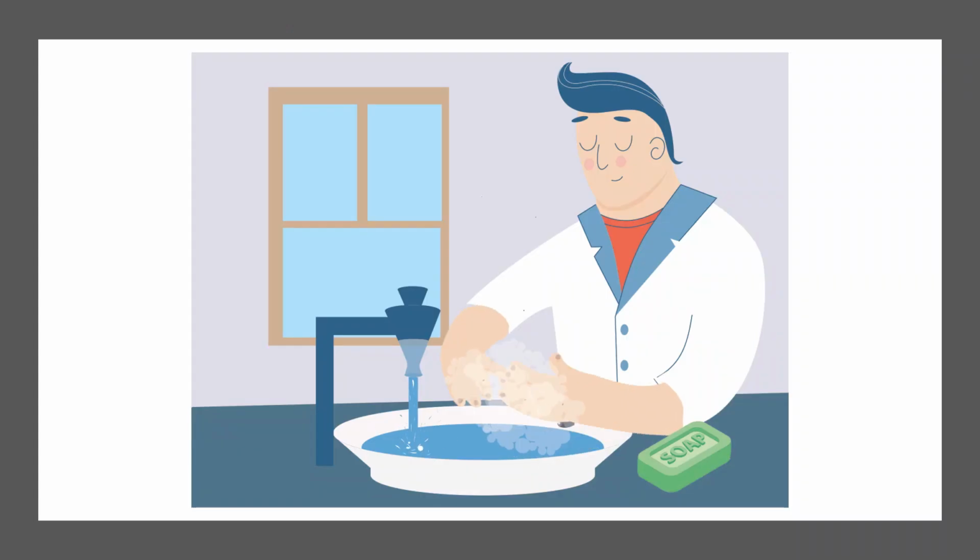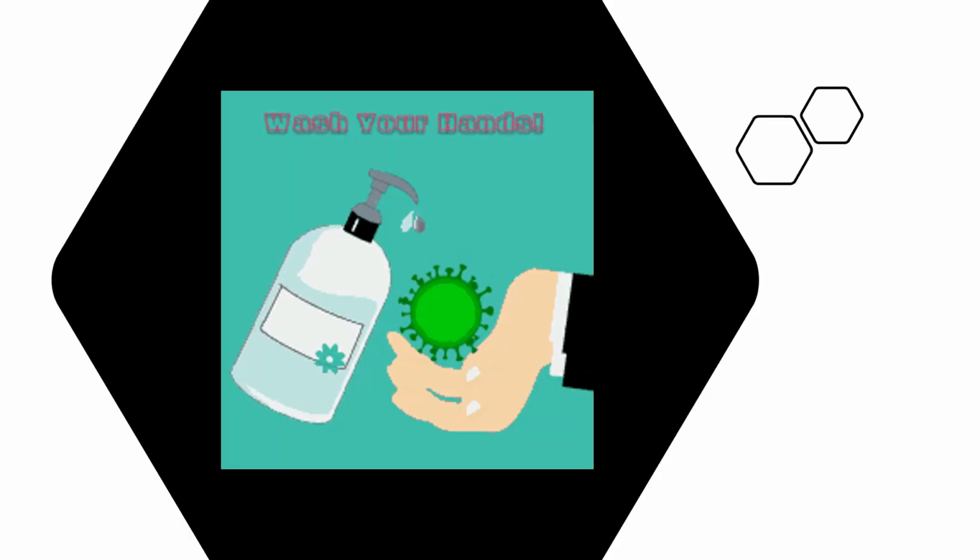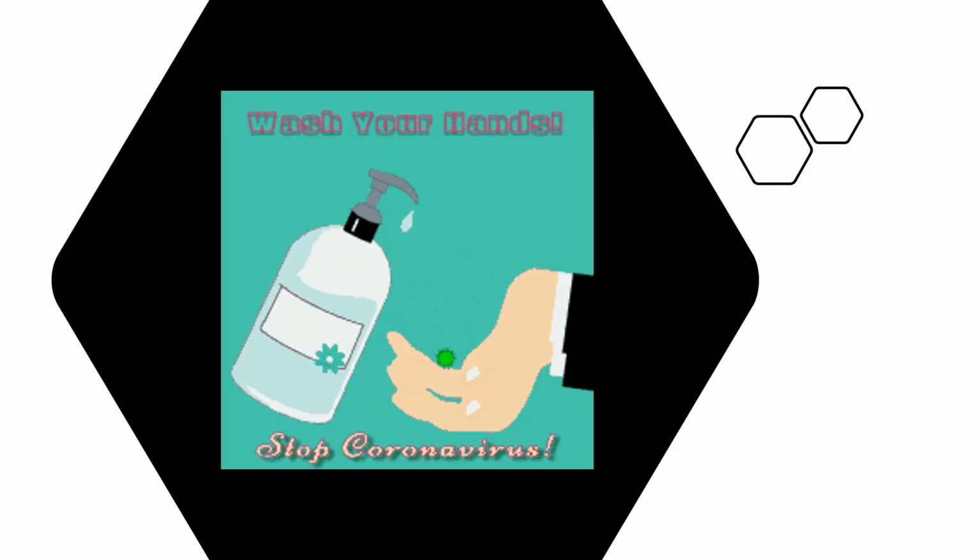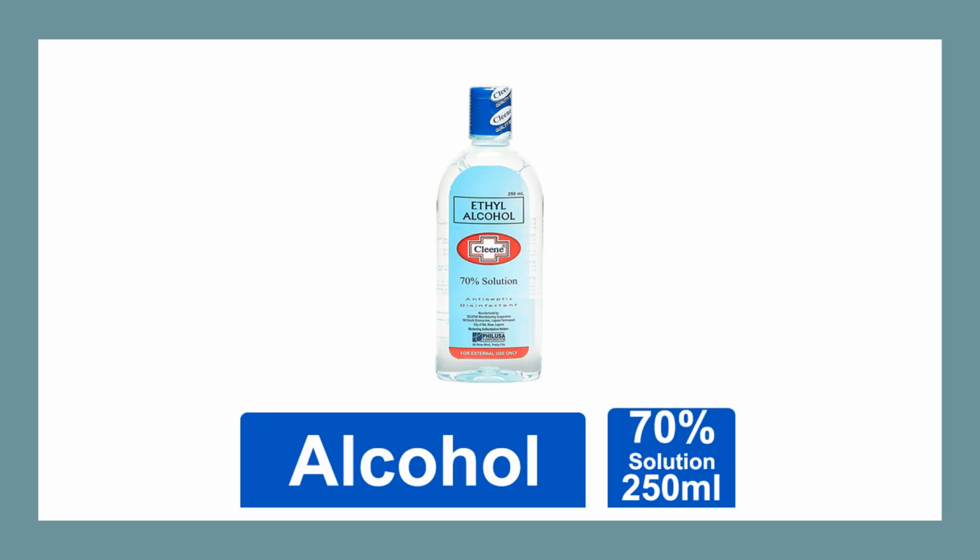One way to prevent the pandemic COVID-19 is to wash our hands with soap and apply alcohol as a disinfectant. The active ingredient in alcohol is ethanol. As you read the label of the alcohol, it is 70% alcohol in a 250 ml bottle.